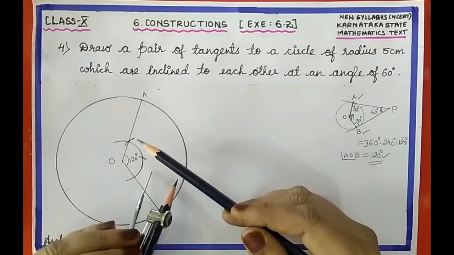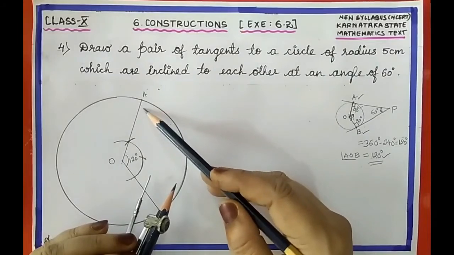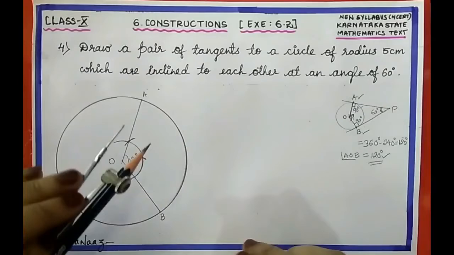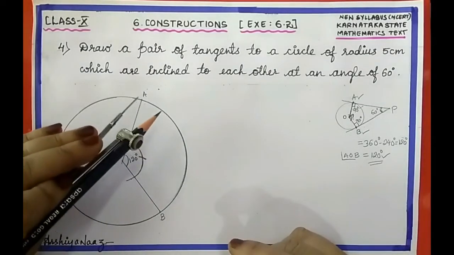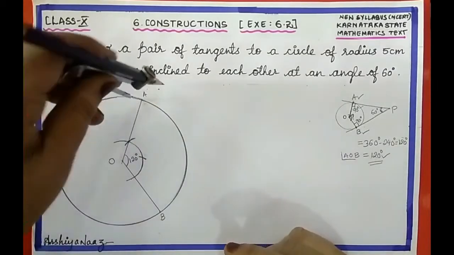Dear students, you already have the knowledge of how to construct a right angle at a point on a line. For this, take any radius and with A as center, draw the arc.